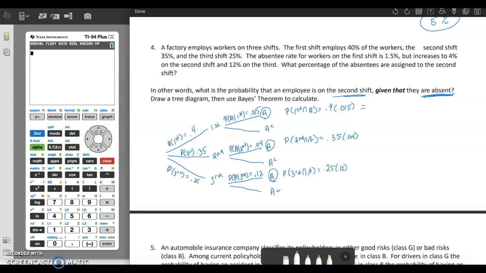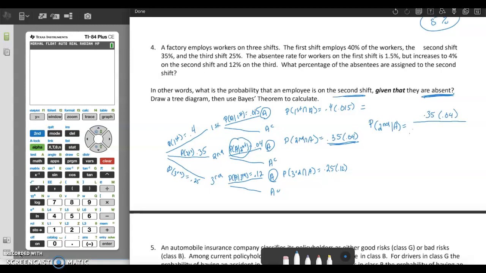So here's how Bayes' theorem works. Going the other direction, the probability of being on the second shift given that you are absent, so notice it's the opposite of this, it's not the same, is equal to this branch's intersection, because that's the one we're specifically interested in, 0.35 times 0.04, over, and then you add all of these 3 up.